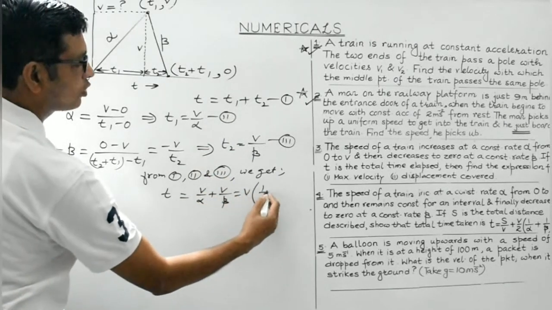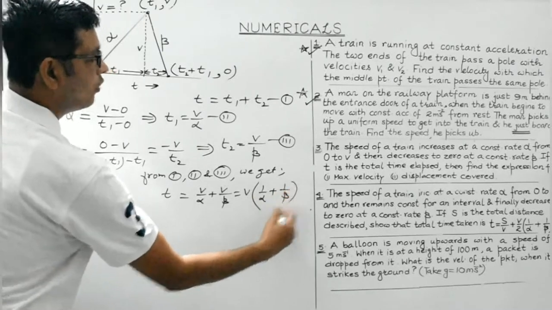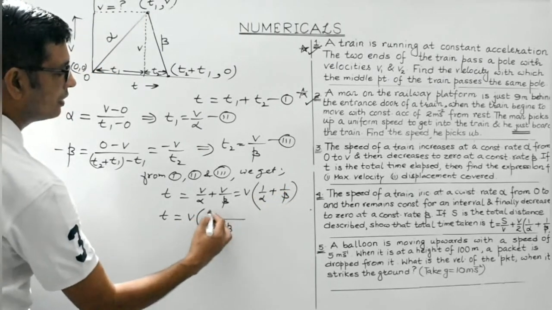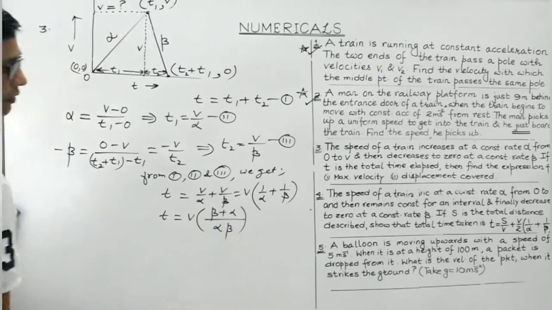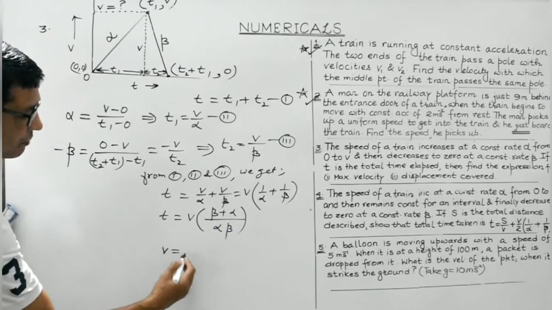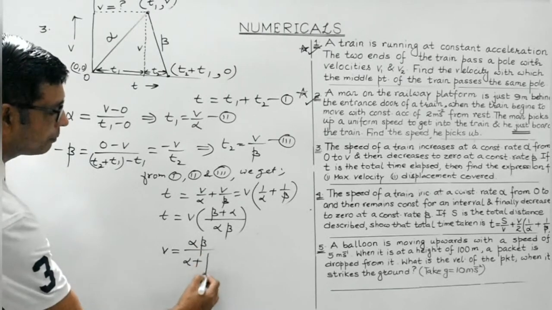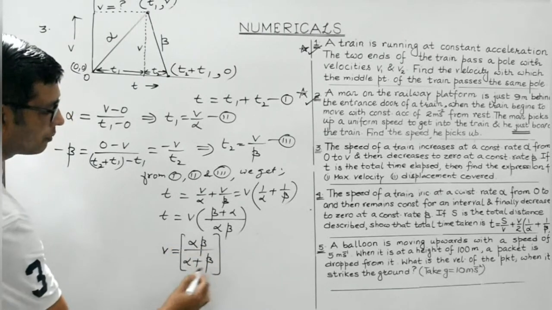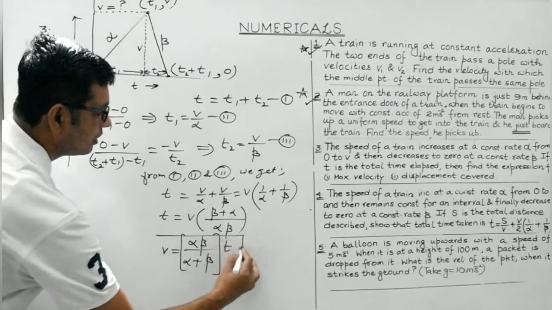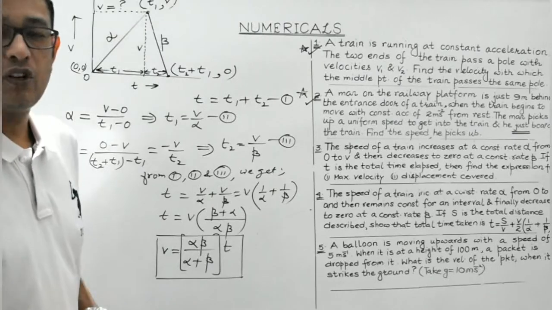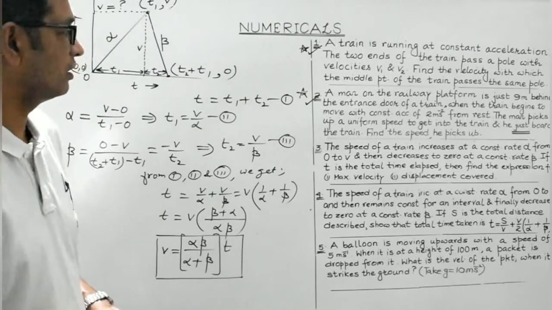V can be taken as common: 1 by alpha plus 1 by beta, or t is equal to v times (alpha plus beta) over alpha beta, with alpha beta as the LCM. So what will be the maximum velocity? It will be alpha beta divided by alpha plus beta multiplied by t. This is the expression for the maximum velocity of the body.